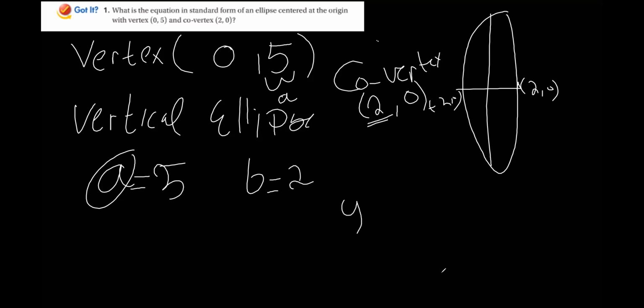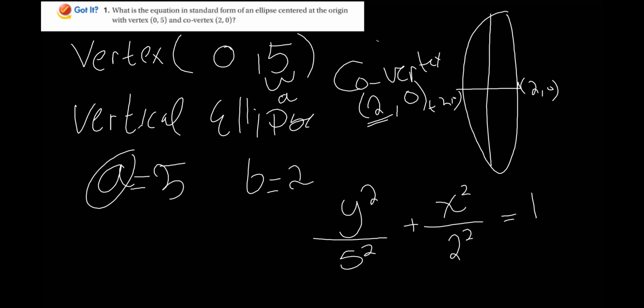So Y squared over 5 squared plus X squared over 2 squared is equal to 1. This will be the standard form of the equation.